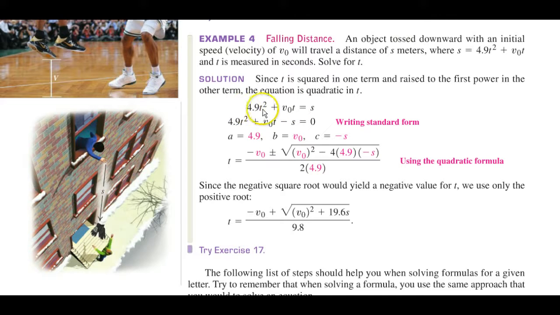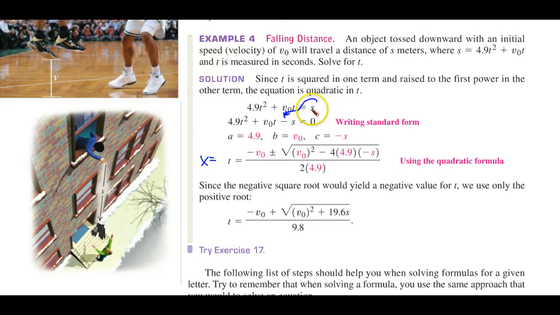Now, can you see this is sort of in a quadratic equation form, but since we want to solve for t, that used to be an x out there, x equals, we have to put it in standard form.